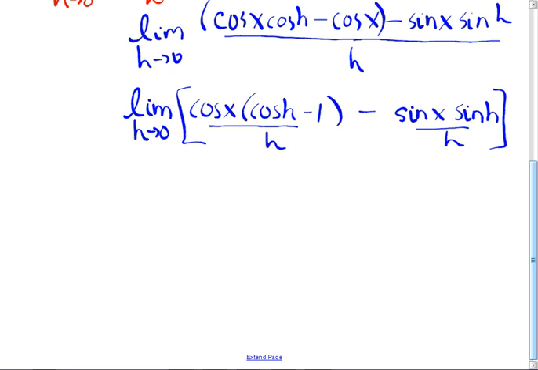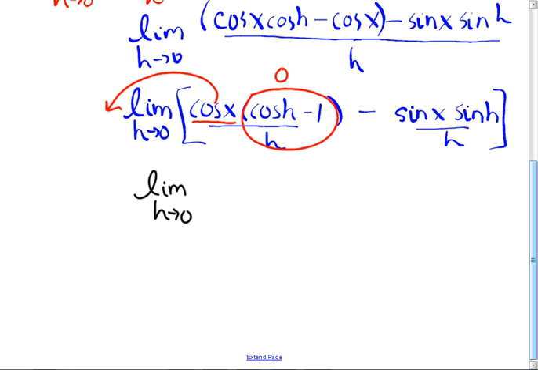Kind of cool. What is this limit going to be? 0. And I can pull the cosine out of there, because this is a cosine of x, this is h. Two different variables, I don't care. I can pull it out because it's not the same variable. So I'm left with the limit as h goes to 0 of minus sine x.